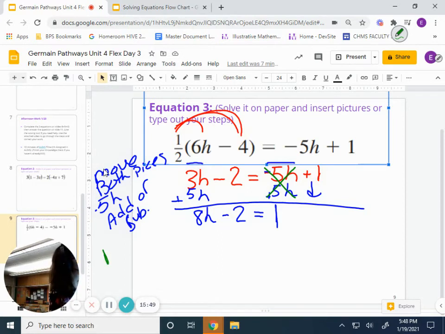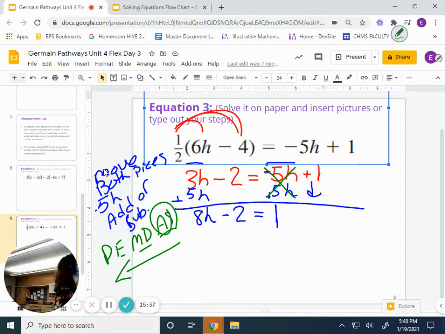I need to use reverse PEMDAS. Okay, and we need to undo addition and subtraction first. This is subtracting 2, so the opposite of subtracting 2 is adding 2 to each side. I have a 3 is equal to 8h.